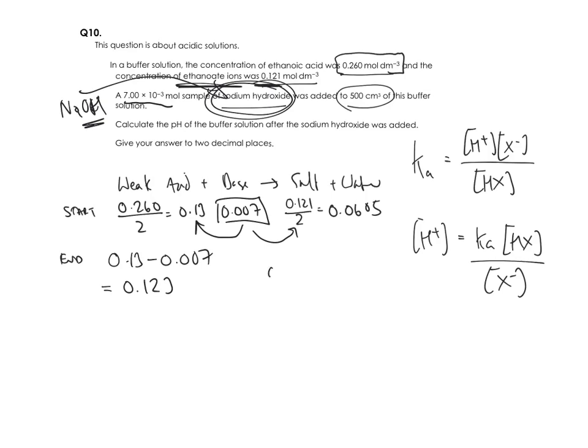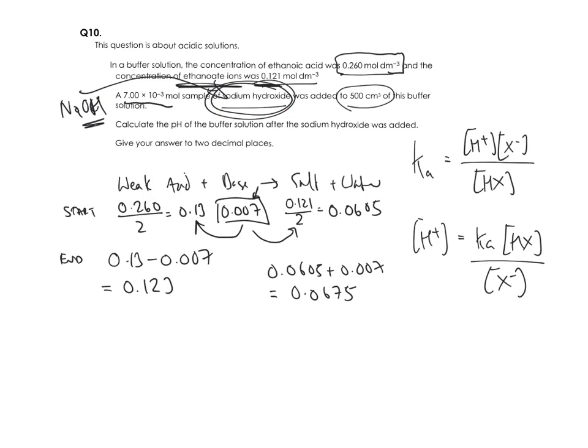And on the other side, we're going to have 0.0605 plus 0.007, and that's going to give us 0.0675. Remember, if this had been something like calcium hydroxide, which is Ca(OH)2, then we'd need to multiply this amount of moles of base by 2 first before we take it away from here and add it to here. So you must make sure you check the formula of the acid or base that you're adding.